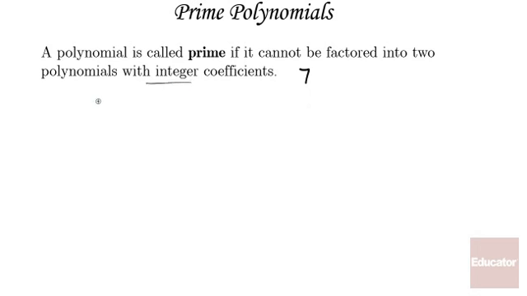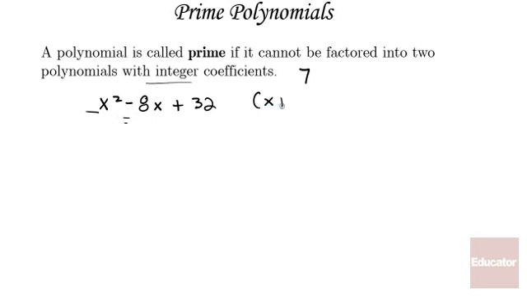So let's say that I was working with this. And from a previous lesson, you recall that this is a trinomial with the leading coefficient of 1. And I do see that I have a negative term here for b and a positive for c.